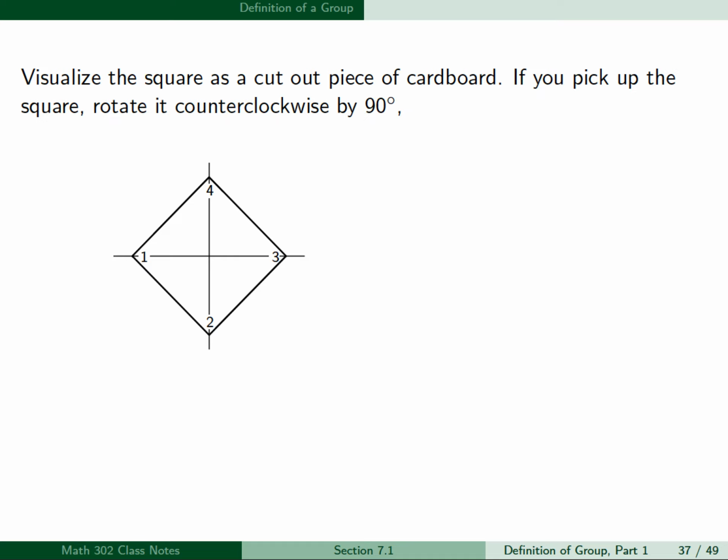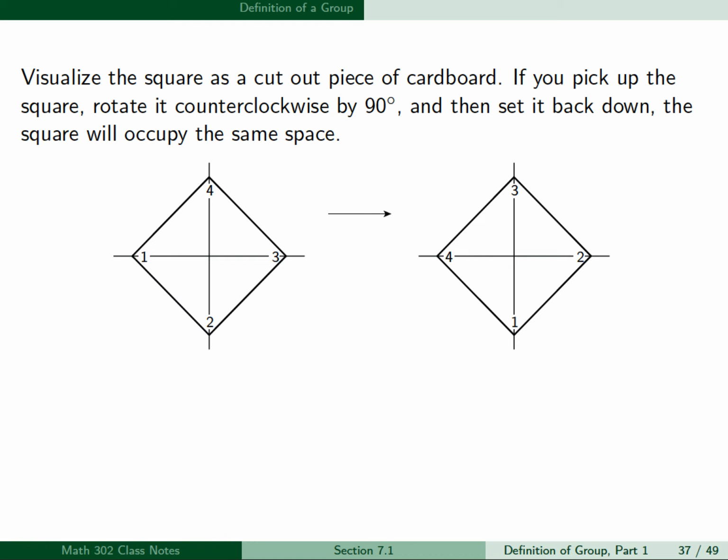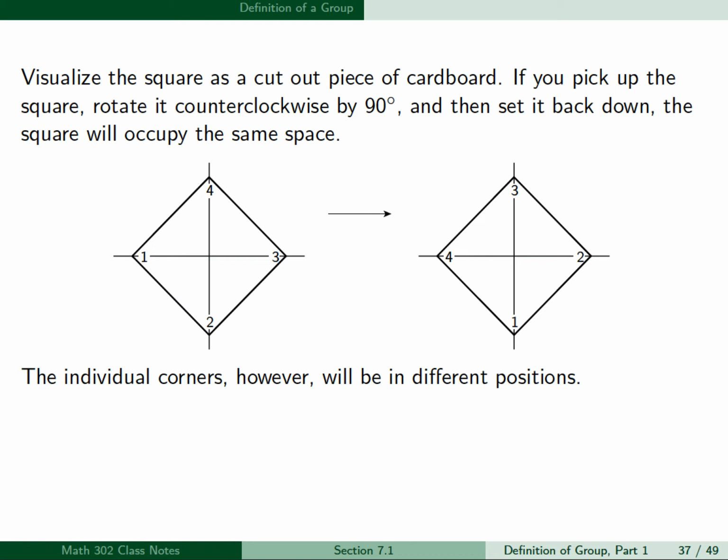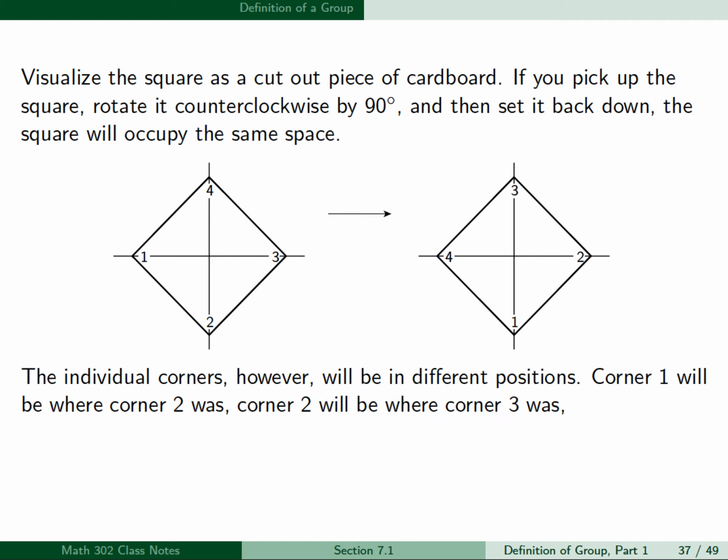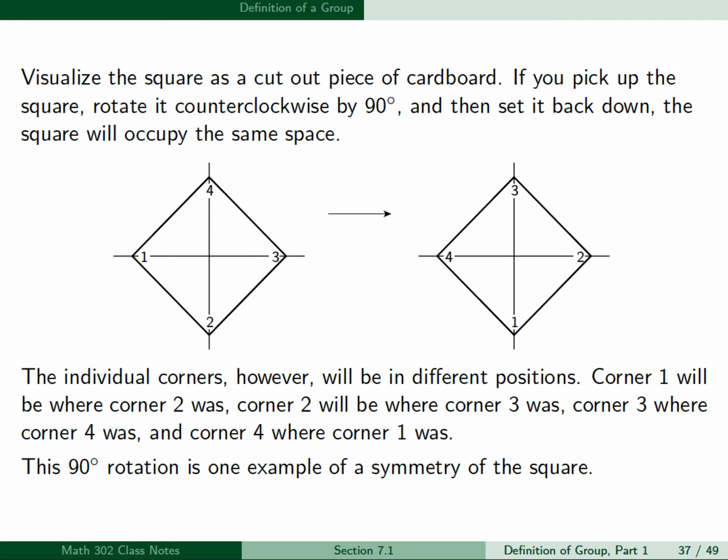If we visualize the square as a cutout piece of cardboard, if you pick up the square, rotate it counterclockwise by 90 degrees, and then set it back down, the square will occupy the same space. The individual corners, however, will be in different positions. So corner 1 will be where corner 2 was, corner 2 will be where corner 3 was, corner 3 where corner 4 was, and corner 4 where corner 1 was. So this 90-degree rotation is one example of a symmetry of the square.